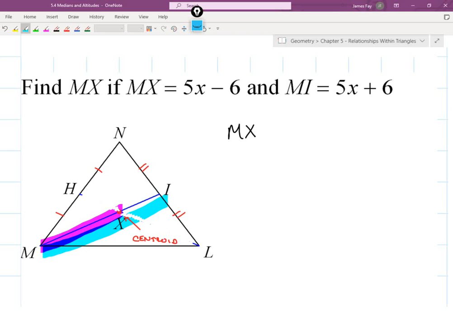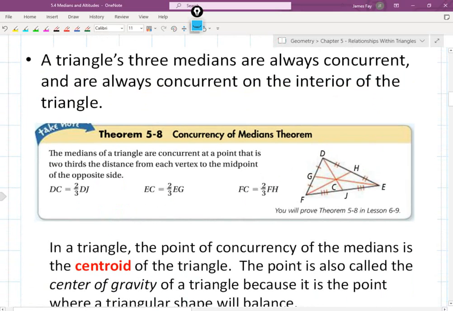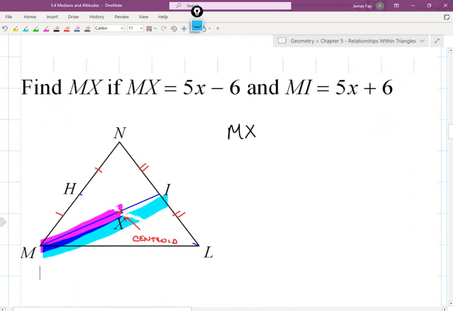And going back to what we talked about in the GeoGebra and going back up to this here, when you compare the entire median to this purple segment from the vertex to the centroid, that distance, MX, is, that's what equal sign means, right? MX, so that portion is 2/3 the entire median, which is MI.